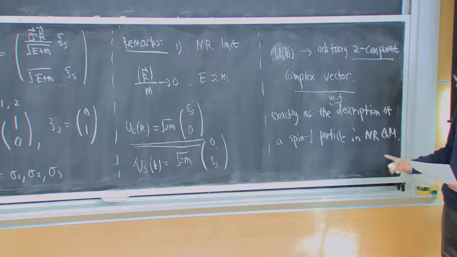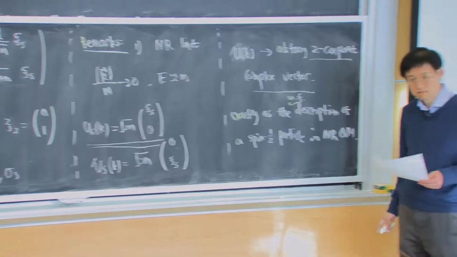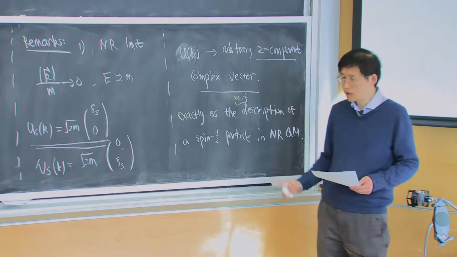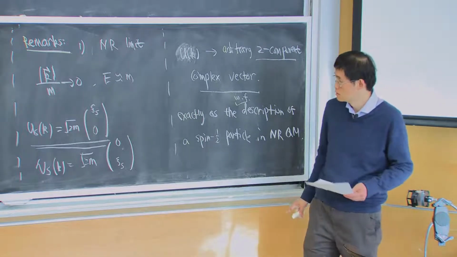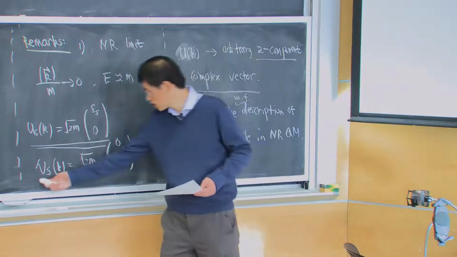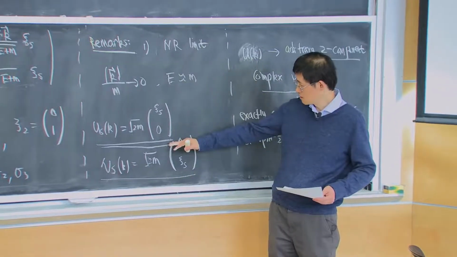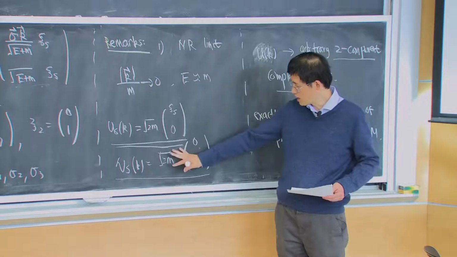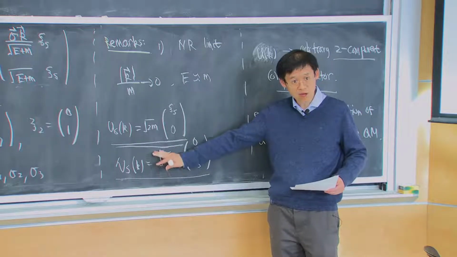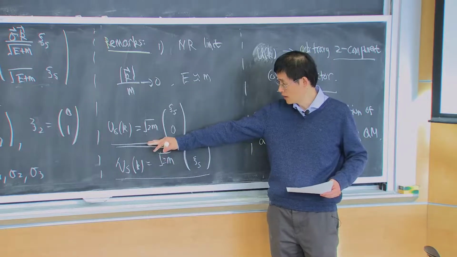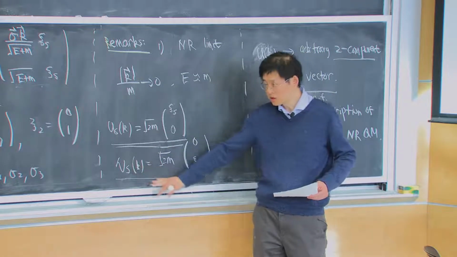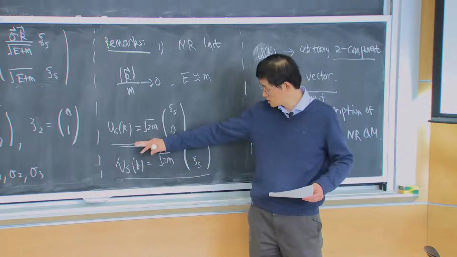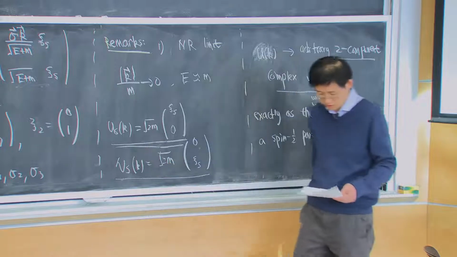I will not go through it here, but you can show that in the non-relativistic limit, this solution actually decouples. In the end, when you solve the equation, only one half of the solution remains, and you just get the positive energy solution.